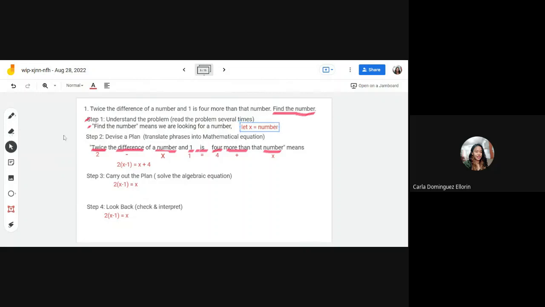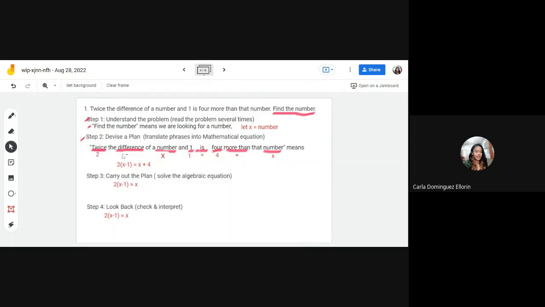Now we proceed to step 2. Devise a plan. Translate phrases into mathematical equations. In the problem, it says, twice the difference of a number and 1 is 4 more than that number. Take note of this.